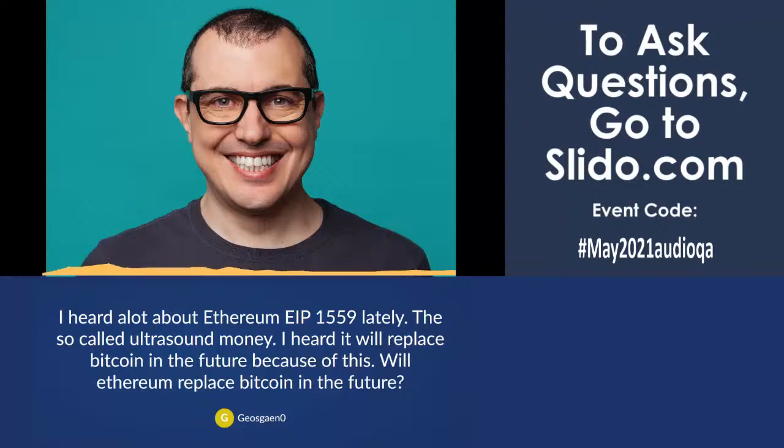And just like Bitcoin can't do smart contracts without sacrificing other things, I don't think Ethereum can do sound money without sacrificing other things. It doesn't have the security, it doesn't have the community support, it doesn't really need to do sound money. And so, yeah, I don't think Ethereum replaces Bitcoin. I don't think Bitcoin replaces Ethereum.